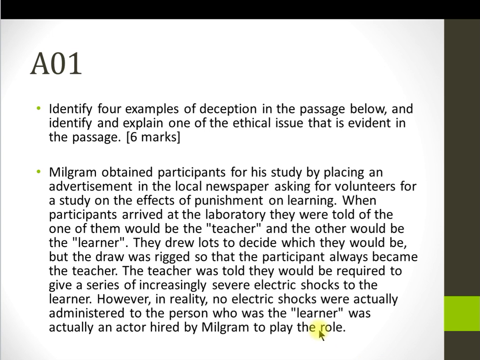So, identify 4 examples of deception in the passage below and identify and explain one of the ethical issues that is evident in the passage. 6 marks. So you get 4 for identifying the deception and 2 marks for explaining one ethical issue.